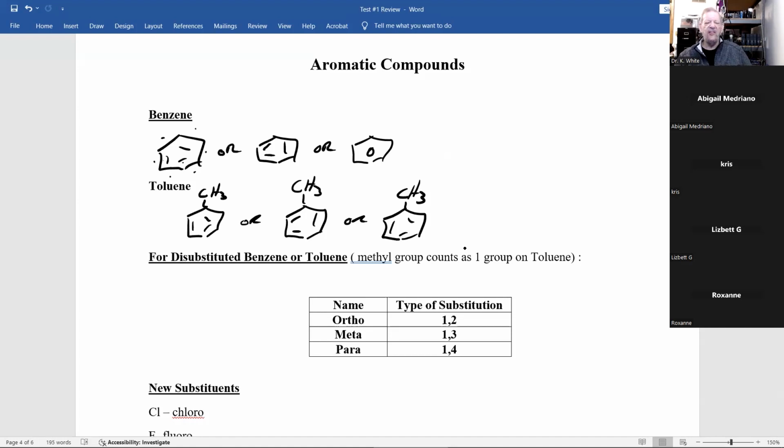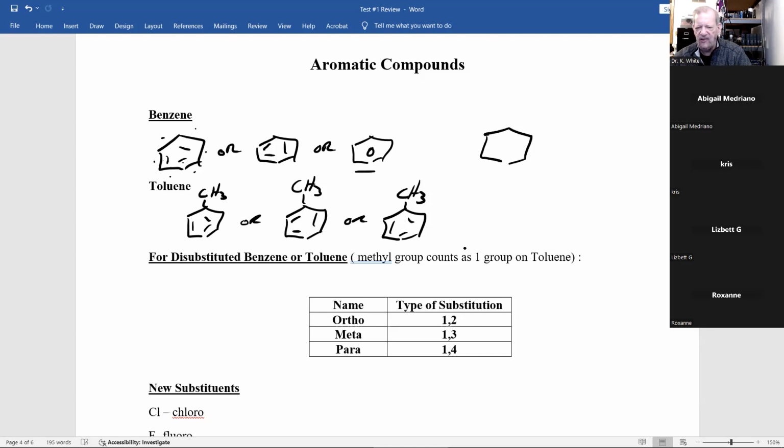Now, there's another way of drawing benzene, where you use a circle instead of showing the double bonds, because that's the pi electrons holding hands. And I like the first two ways because I just think it looks cooler. But on my test, you can do it any way of those three. So if I ask, draw the structure of benzene, it's a 6-membered ring with 3 double bonds conjugated.